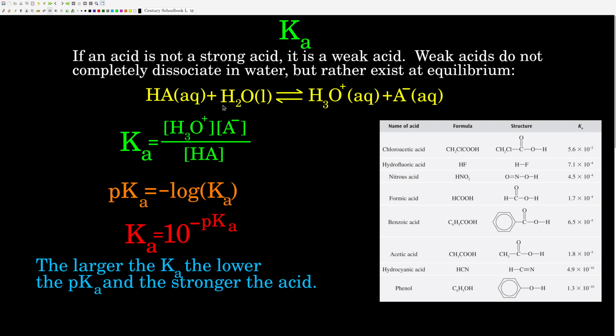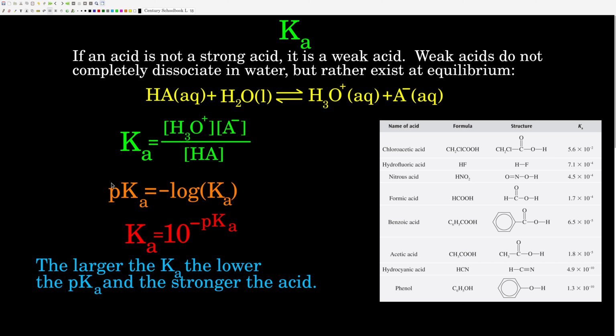Everything else does. The equilibrium expression will just be the concentration of hydronium times the concentration of the conjugate base over the concentration of the weak acid. We call that equilibrium constant Ka, A for acid. Ka is just the equilibrium constant for an acid.